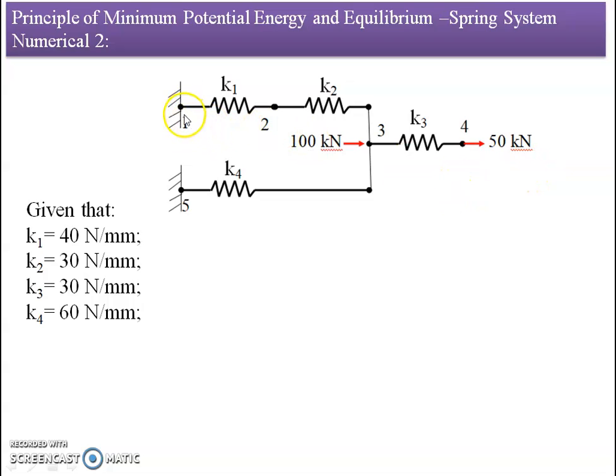In the first limb, between nodes 1, 2, 3, springs of spring constants k1 and k2 are attached, whereas in the second limb there is only a single spring attached to node number 5. And in series, between node 3 and 4 there is one spring attached with a spring constant k3. The values of k1, k2, k3, k4 are given.